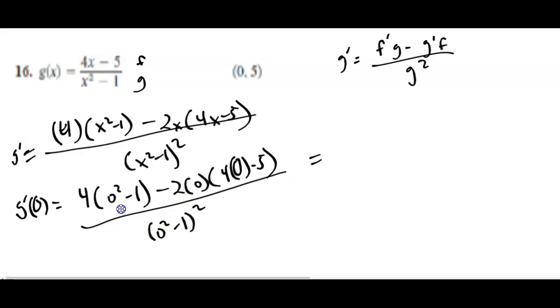Let's see here, so 0 minus 1 is negative 1, times 4 is negative 4. 0 times this stuff is 0, so it doesn't matter. All over 0 minus 1 is negative 1. Negative 1 squared is 1. So negative 4 over 1 is negative 4. There we go right there.